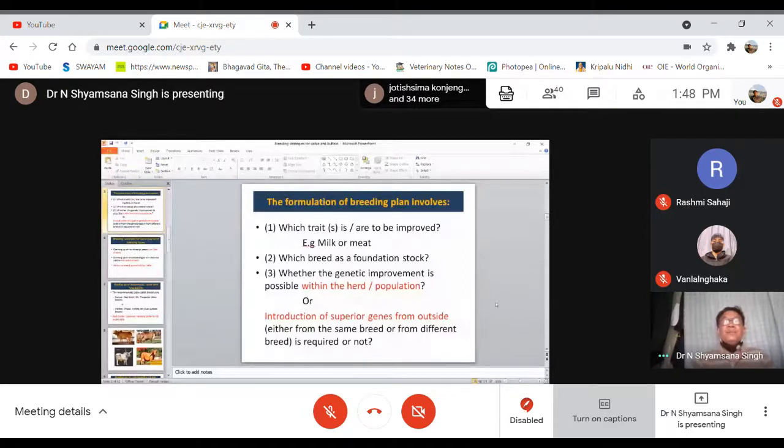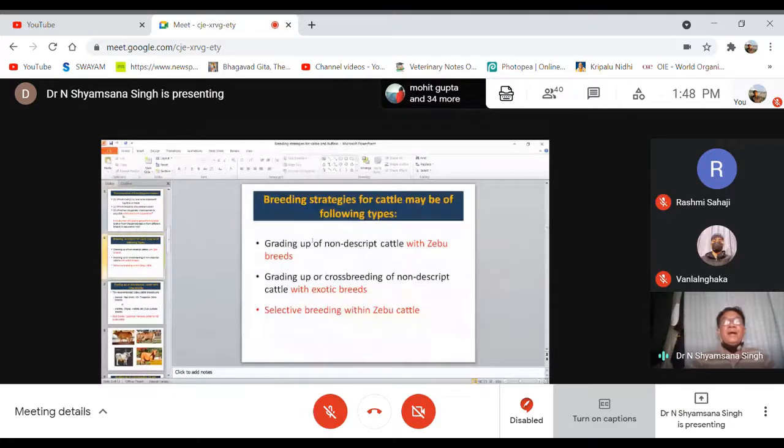So please keep in your mind that those are the background information. The breeding strategies for cattle may be for the entire country. Grading up, as you know, is a term used for nondescript animals, where the improver breed, the recognized breed, may be one of our Zebu breeds.